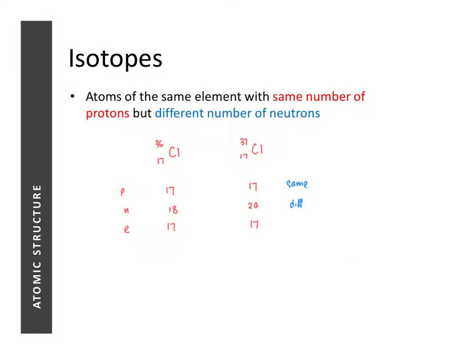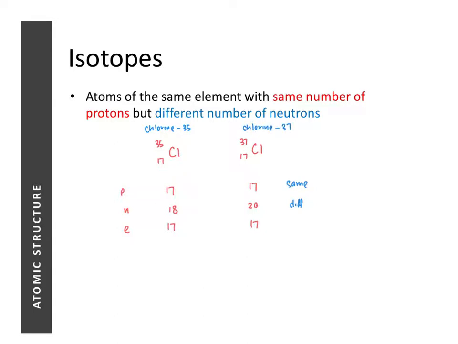Okay, as mentioned, atoms of the same element with the same number of protons but different numbers of neutrons are called isotopes. So chlorine 35 and chlorine 37 are actually isotopes.